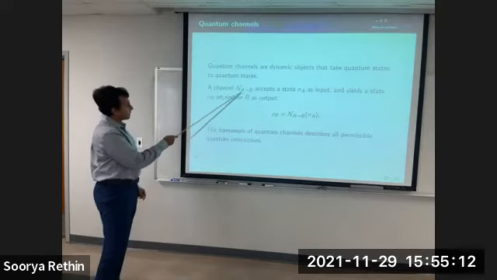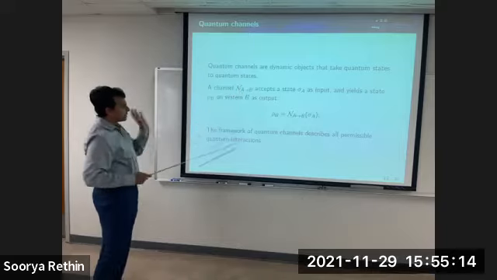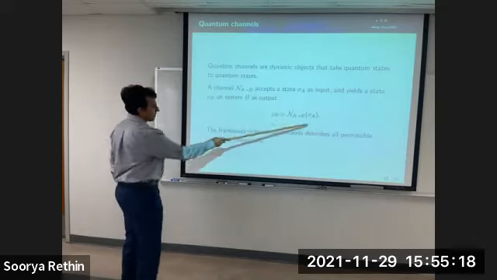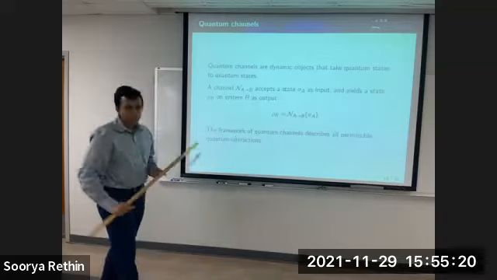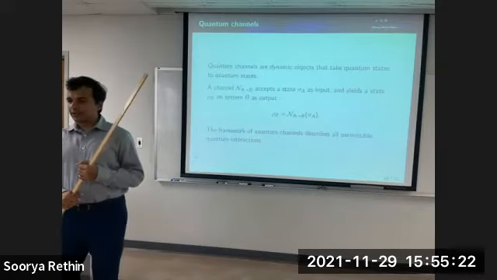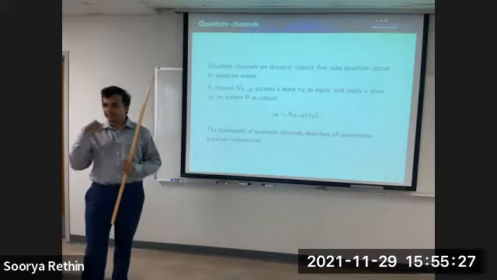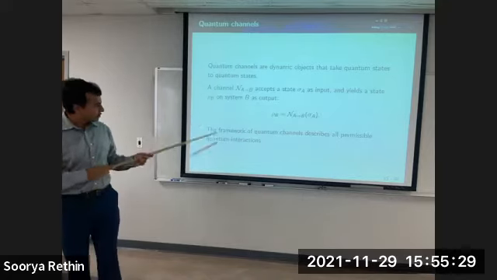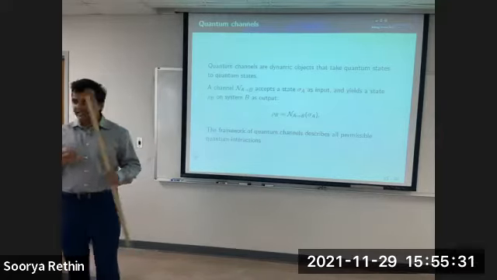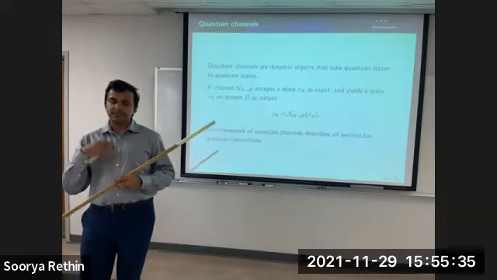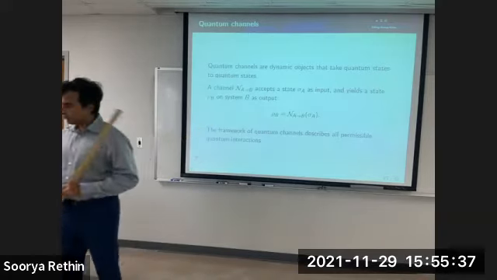It accepts a quantum state in system A and converts it into a quantum state on system B. Why are quantum channels interesting? First of all, we're always interested in how systems evolve or how the dynamics go. And also, the framework of quantum channels describes basically any possible evolution that's allowed by the linearity of quantum mechanics.